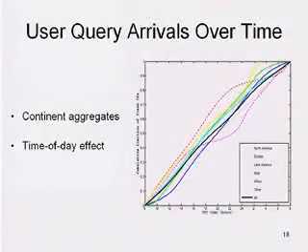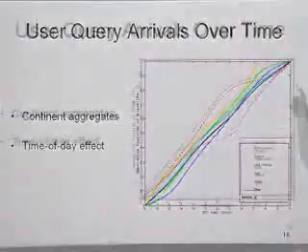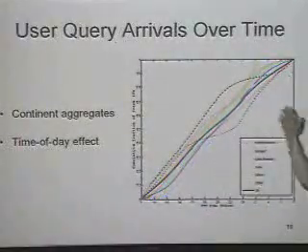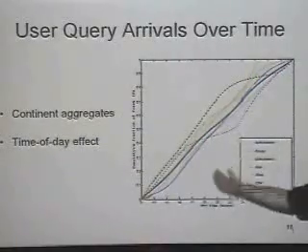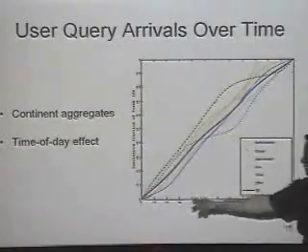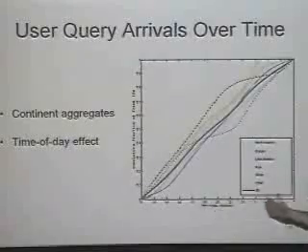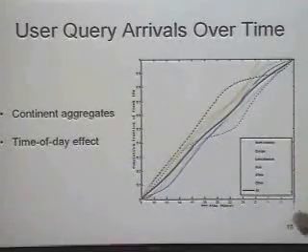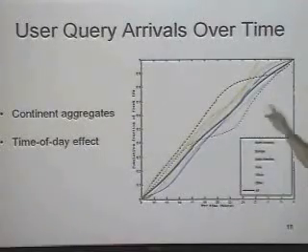If you disaggregate query counts and show the cumulative number of queries observed up to a certain point, just for day 1, then indeed we have different curves for continent aggregates. So there is this time of day periodicity for the queries.